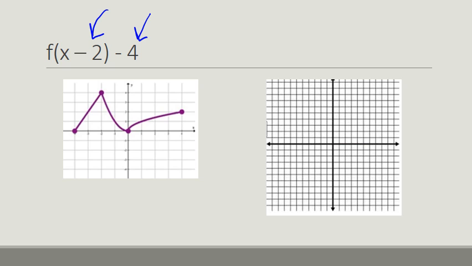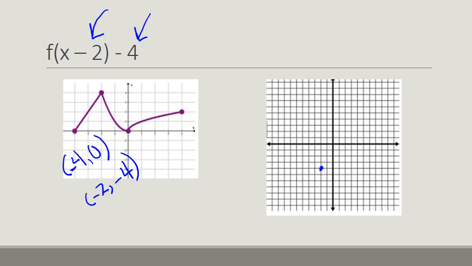So instead of being at the point negative 4, 0, if I go right, I'm going to be at negative 2. If I go down 4, I'm going to be at negative 4. So we're going to be at 2, negative 4.